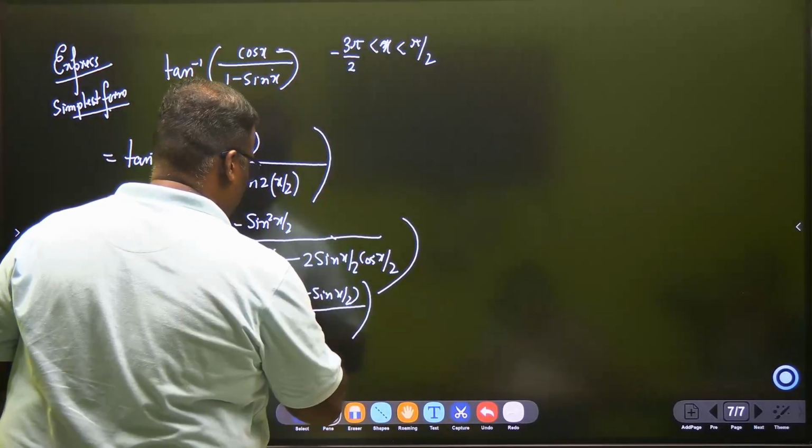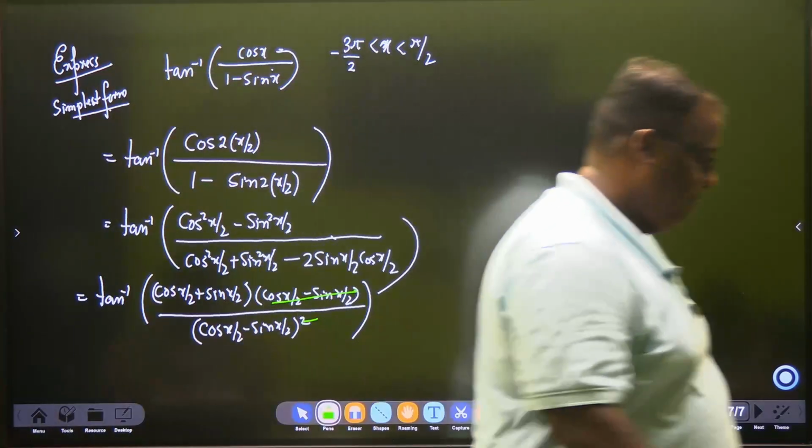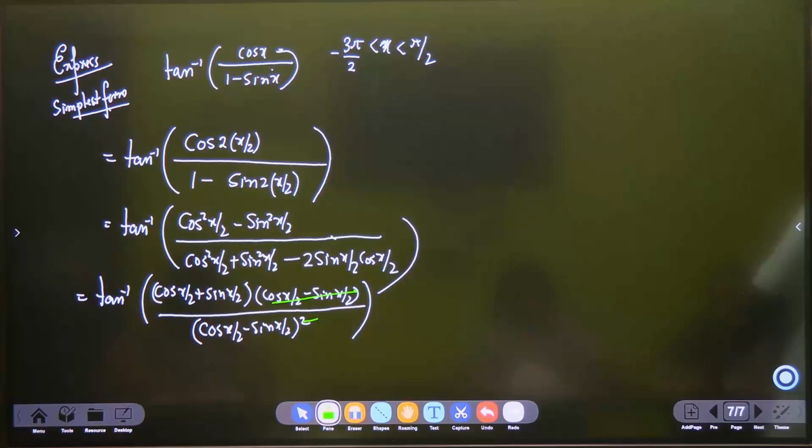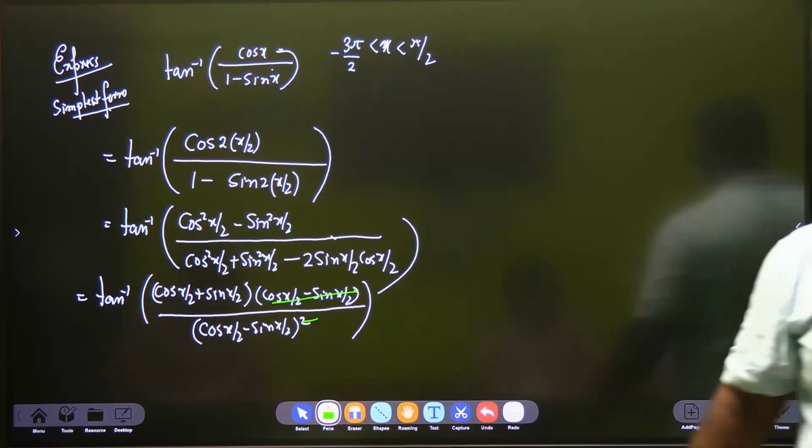Further, I can strike this and strike the 2. The bottom one is a minus b whole square. Clear?